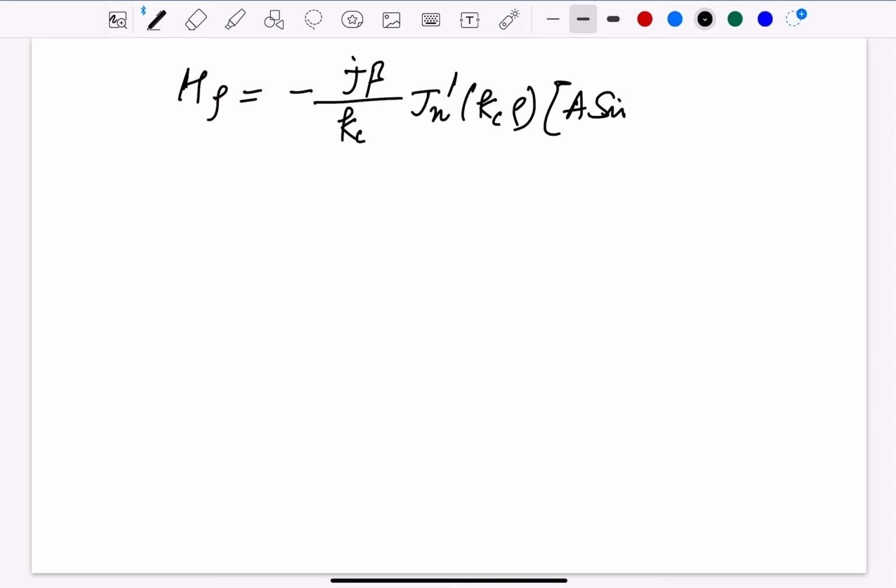a sin n phi plus b cos n phi, e to the power minus j beta z.